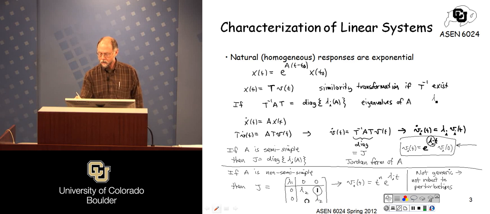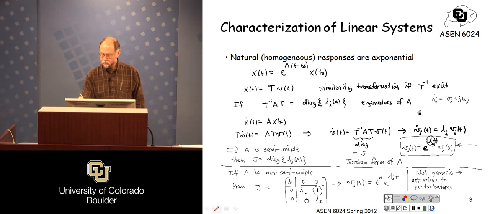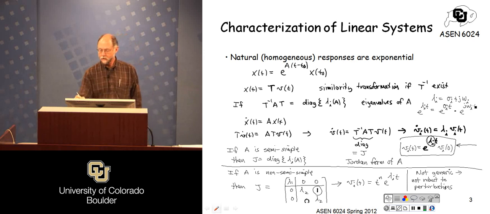If lambda I, say, had a real part sigma plus an imaginary part omega, right? Then we could write e to the lambda I t as e to the sigma I t times e to the j omega I t. Okay. Now this first factor is a real exponential.